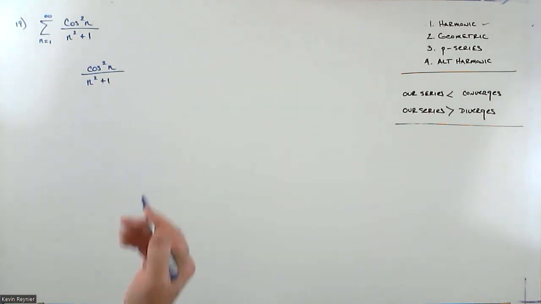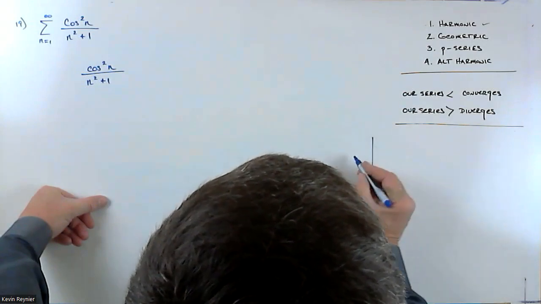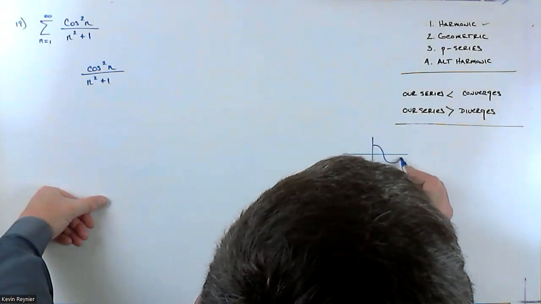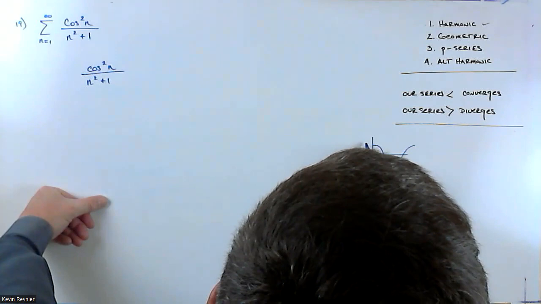And we're going to look at the functions, we're going to ask ourselves, is there anything we know for sure? Well, cosine squared, isn't it? We know cosine itself, right? Cosine itself lives between -1 and 1.